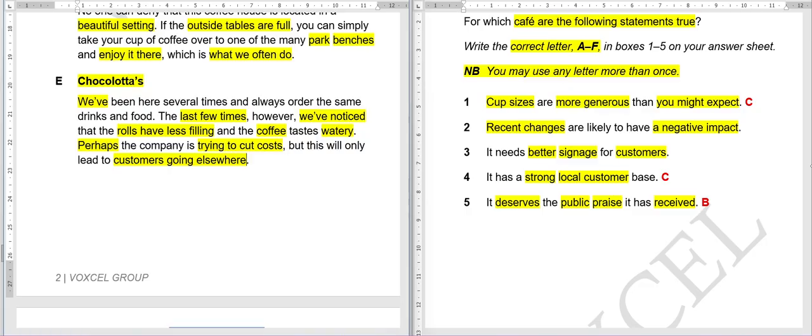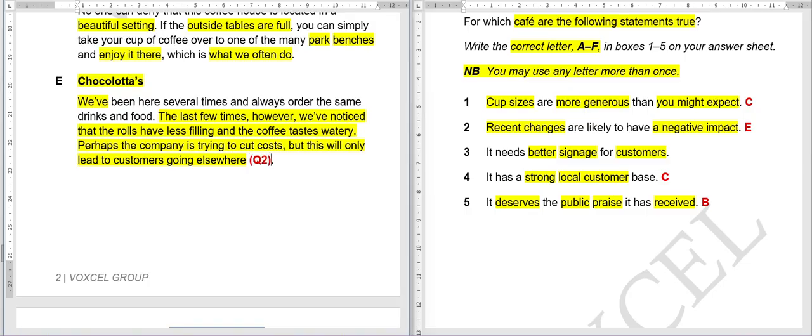Yes, there is. First, let me mark here E paragraph, basically in the last two sentences. The last few times, what are the changes? The changes are that the rolls have less filling and the coffee is watery. So negative, customers going somewhere else. That's negative.